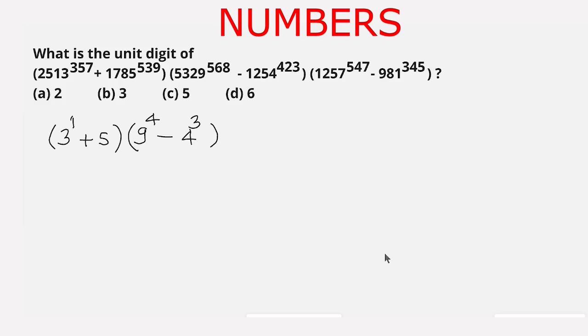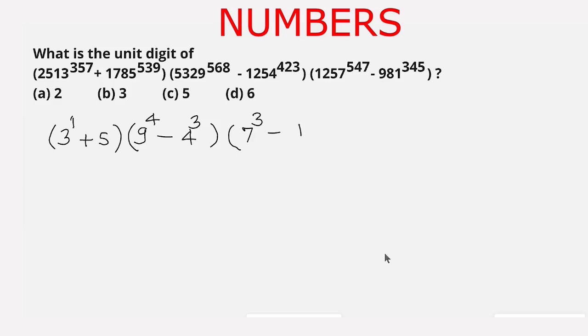Multiplied by, in the third bracket, 1257, which has ones place 7 and power 547. We divide 47 by 4. So 11 times 4 is 44, and 47 minus 44 is 3. Minus 981 has ones place digit 1, and whatever may be the power of 1, it remains 1.